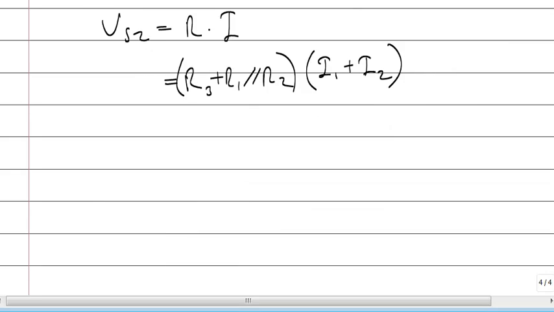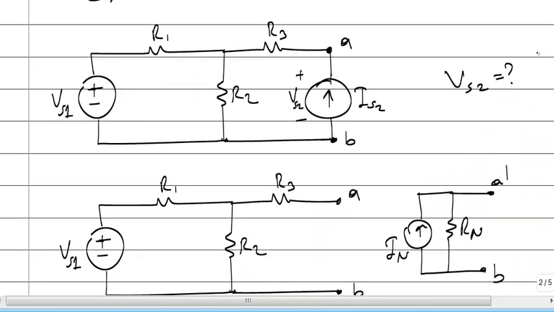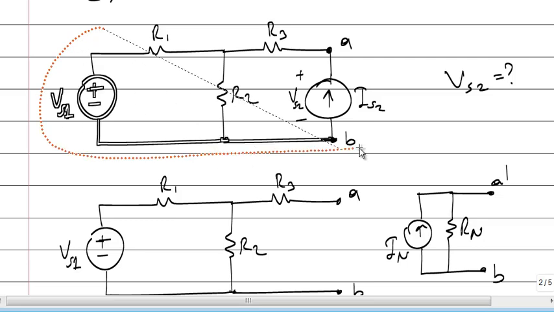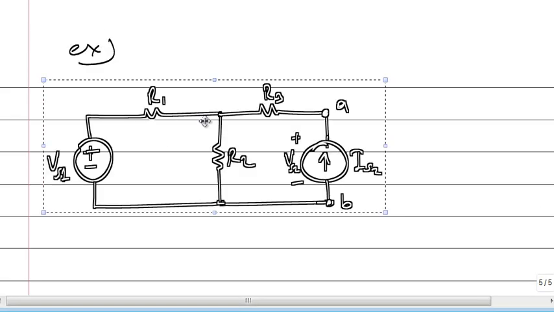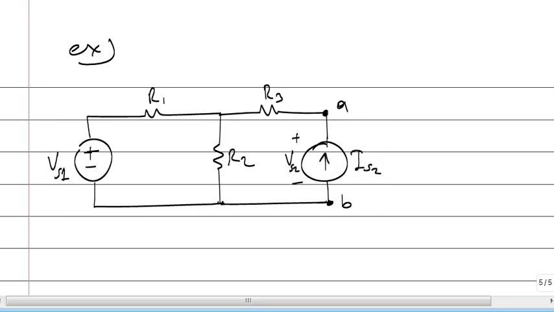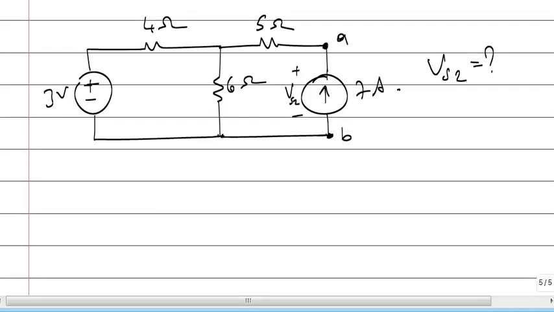Now let's have a numeric example on this. Let me copy my circuits and give some values and calculate. Okay, let's find the value of VS2 using Norton's equivalent of the remaining parts.